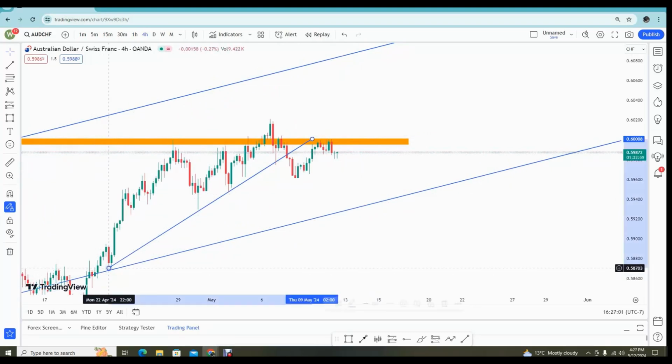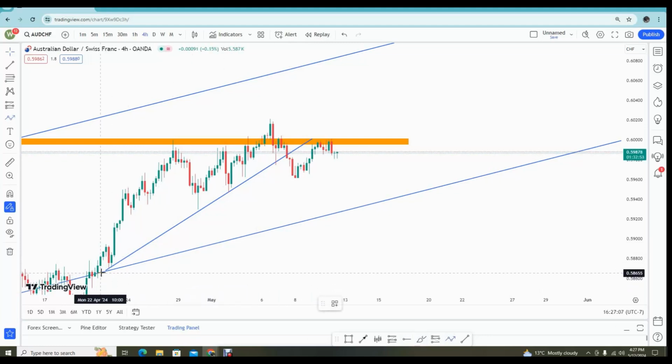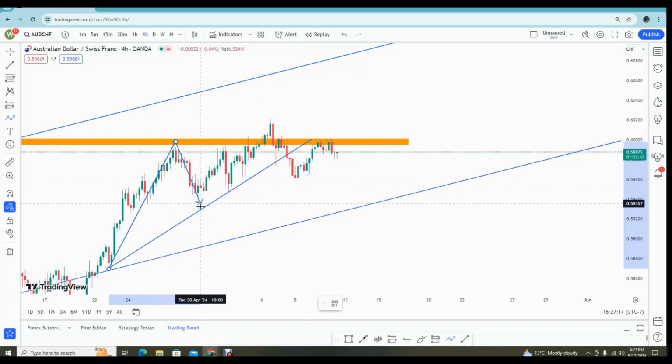It gave us a buyer after the market touched the trend line on the daily time frame, and then went to the zone and came back to correct. It gave us the correction to the trend line and another continuation back to the zone.